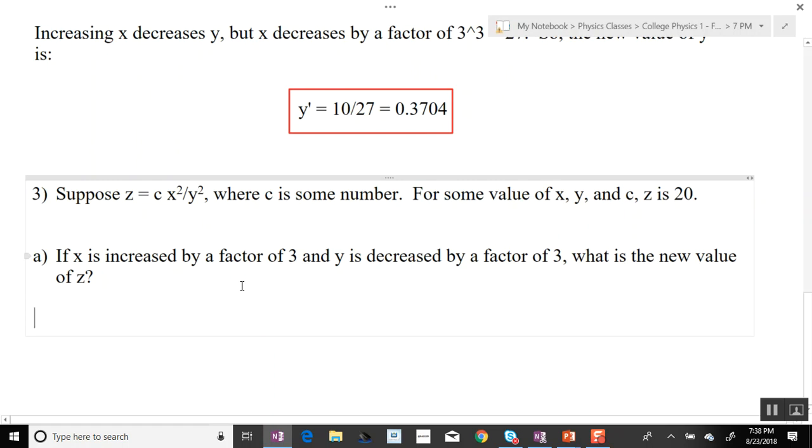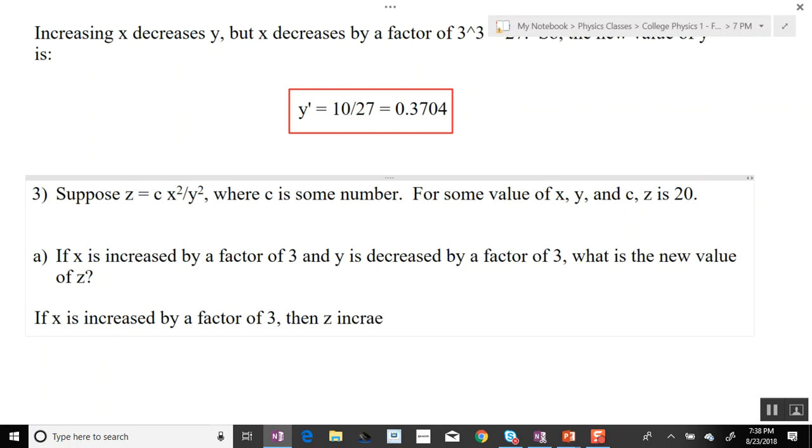So if x is increased by a factor of 3, then z increases by a factor of, what would the factor be though? It's not just 3, right? It's 3 squared because it's x squared.